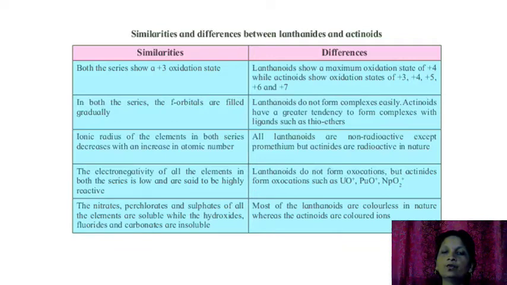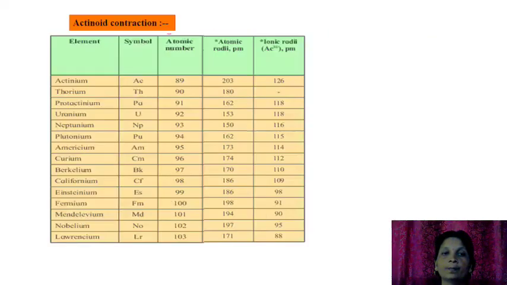But actinides form oxocations such as UO2+, PuO2+, NpO2+. Now the last difference between lanthanides and actinides is that most of the lanthanides are colorless in nature, but actinides are colored ions.